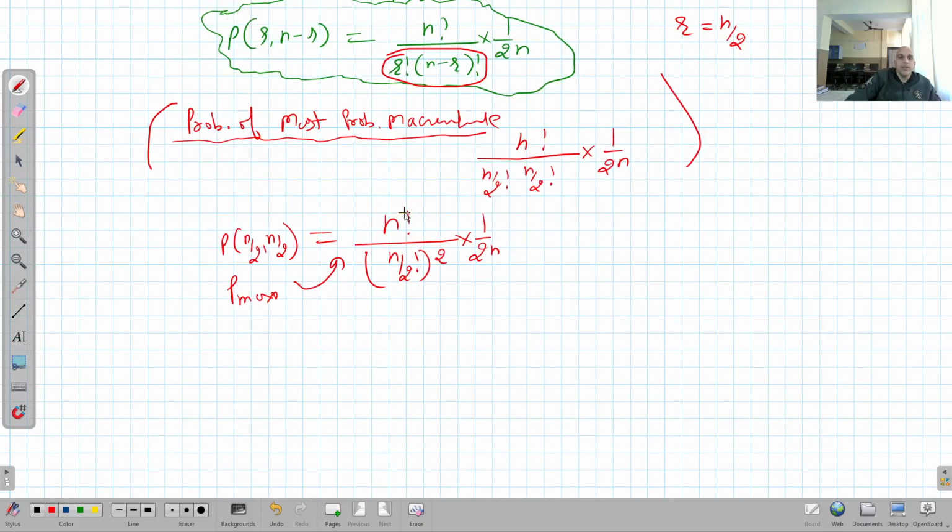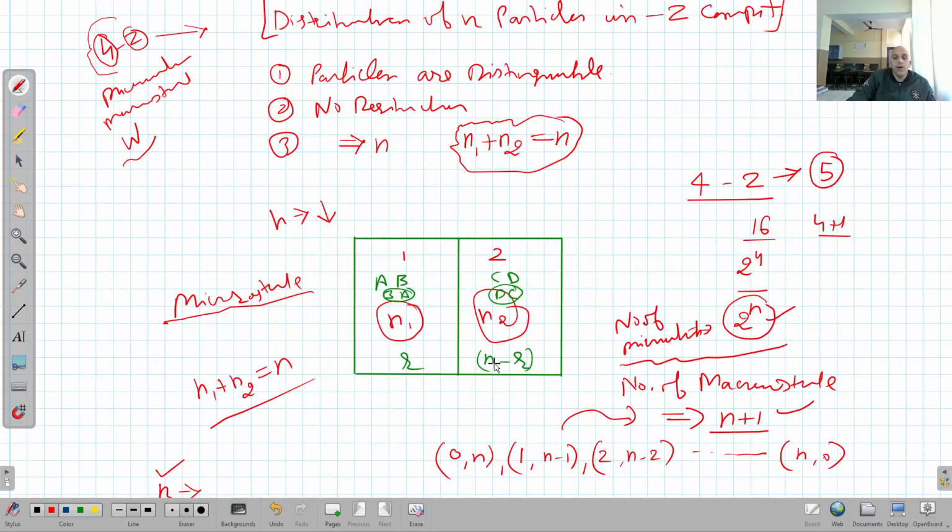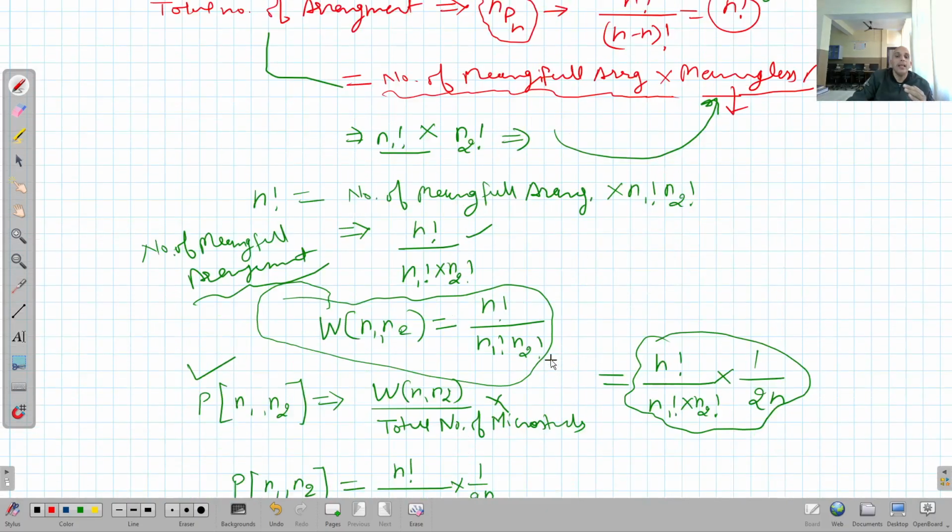Now I am coming to the minimum value of the probability, P minimum. You look at here, this term will become minimum when r is equal to 0, or we can say n minus r, means the entire number of particles are present in only one compartment, and the second compartment is fully empty, right?